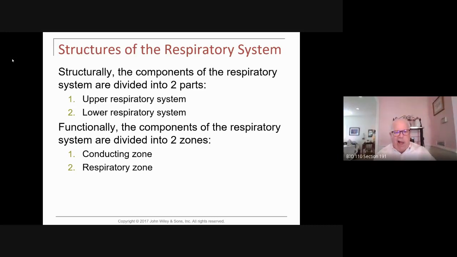Oxygen and carbon dioxide and other gases are exchanged. There is also a third zone, and that third zone is the dead zone. The dead zone is the area of the respiratory system in which the gas never leaves. Okay? So there's a conducting zone, a respiratory zone, and a dead zone.